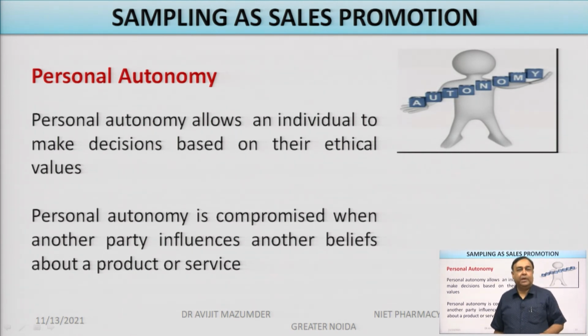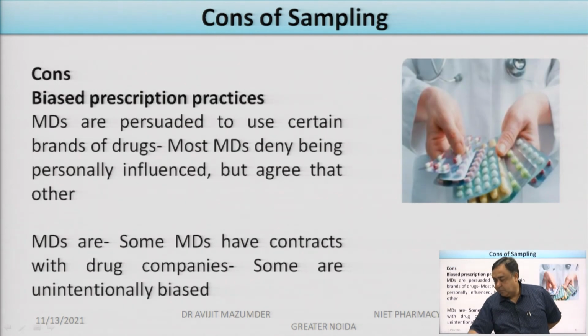Personal autonomy sometimes gets compromised when another party influences the belief about the product or the service. Doctors should see that their personal autonomy and personal judgment remain as they are, in an ethical way, whenever the prescription is being done.